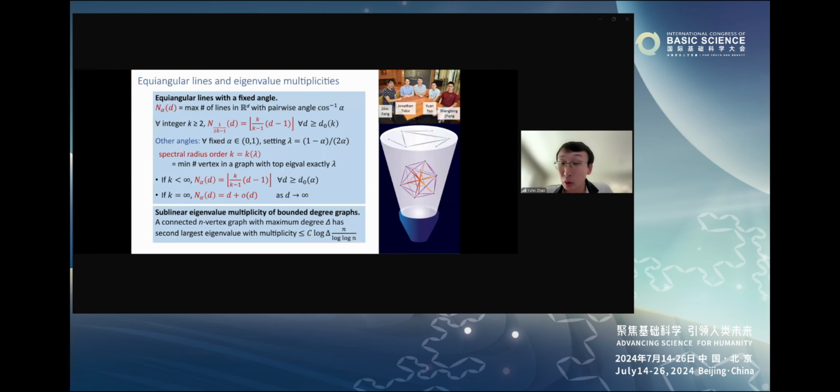So let me conclude by reminding you of the two main results. First, we determined the maximum number of equiangular lines with a fixed angle in high dimensions. And a key input to this result is the theorem saying that the second eigenvalue of a bounded degree connected graph has sublinear multiplicity. Thank you.